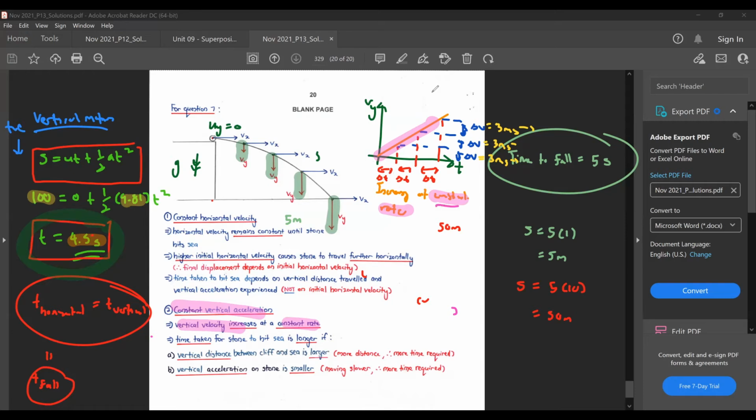How do I know it was increasing at a constant rate in the first place? It's because my acceleration is constant. You see, a is rate of change of velocity. The value of acceleration is the gradient of your VT graph. So if I plot the graph of acceleration versus time, it will be a straight horizontal line like this.